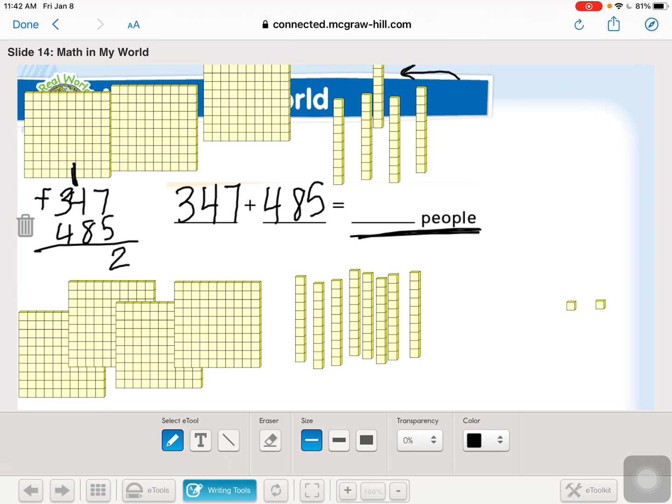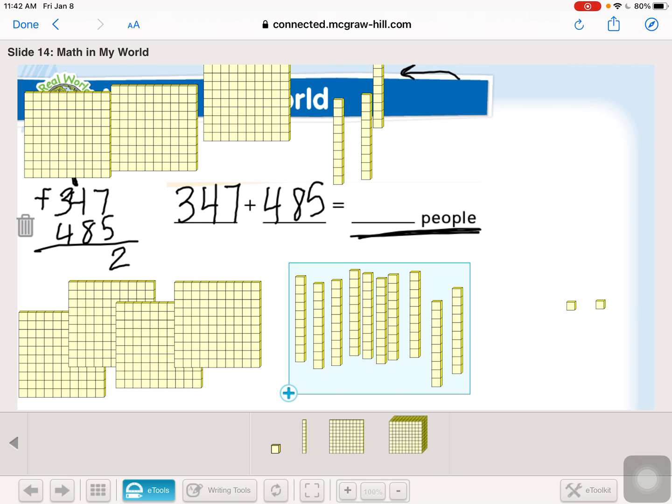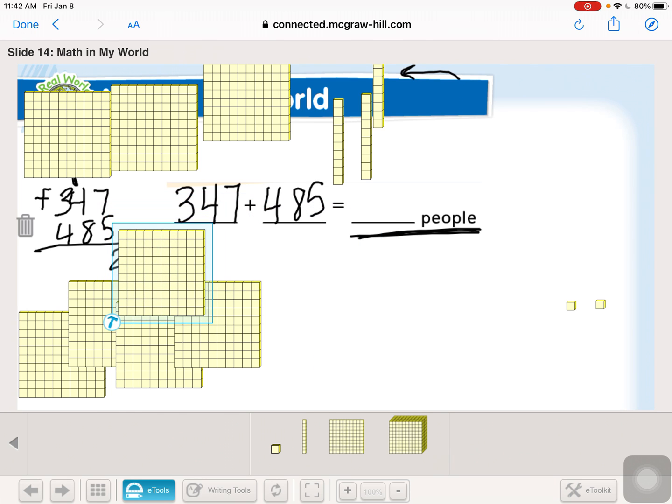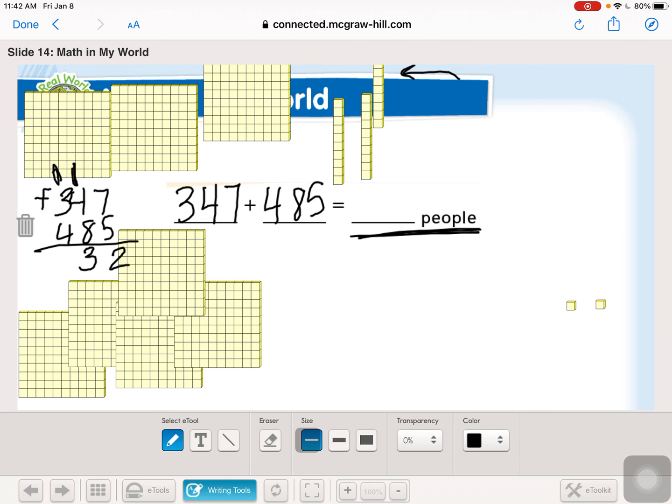And now I have 1 plus 4 plus 8. 8 plus 4 is 12, plus 1 more is 13. So once again, I'm going to have to regroup. So 8, 9, and 10. We're going to make these 10 tens into 100 flat. So that leaves me with 3 tens and a regrouped 100.